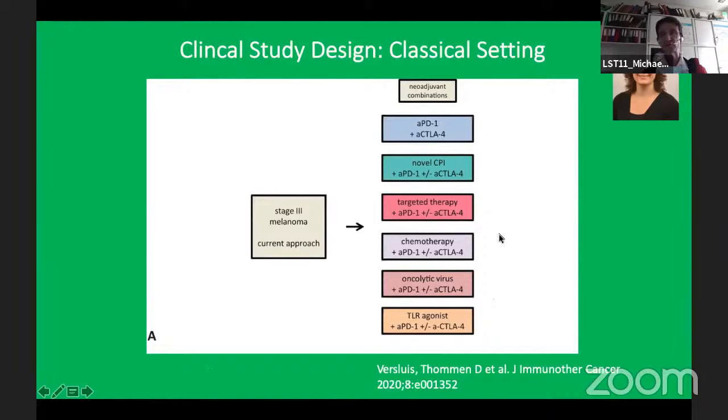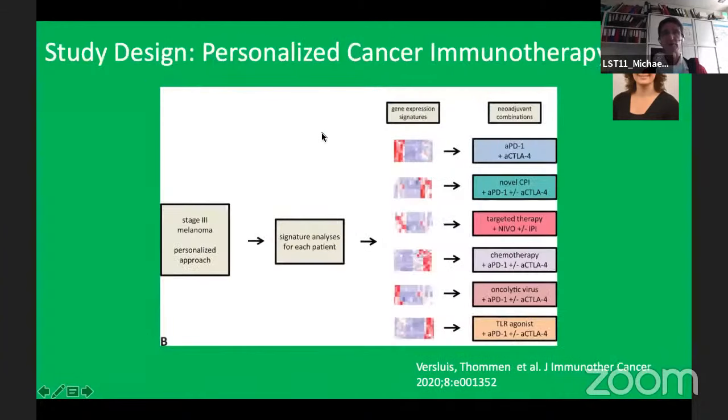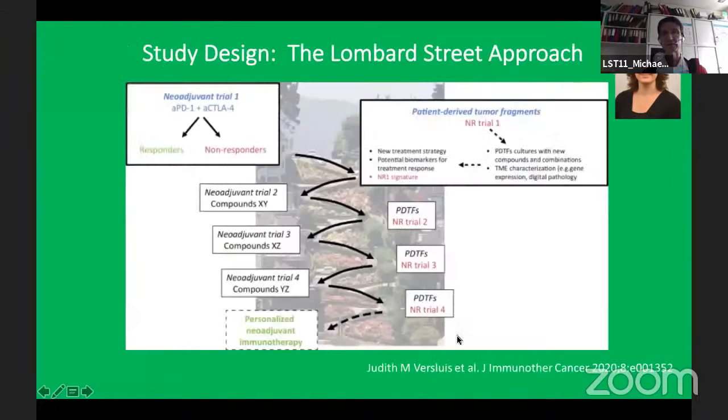But if you do that, there is an enormous number of patients who are not well treated, who would respond better to another cohort. Another method of personalized cancer immunotherapy is to do gene expression analysis or any other analysis, and then, based on those predictive markers, you give therapies. That is already a more rational design.